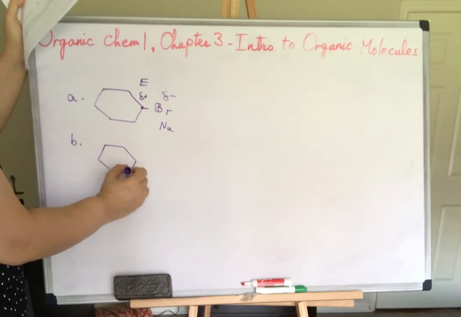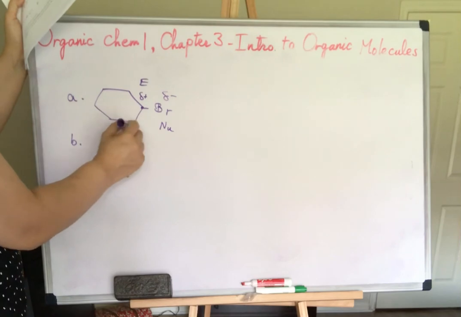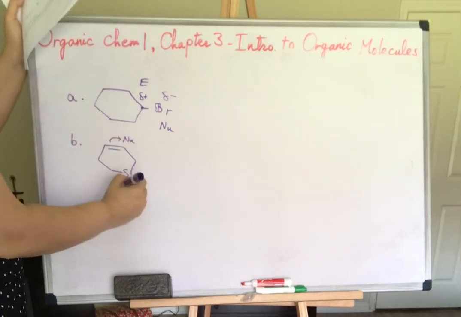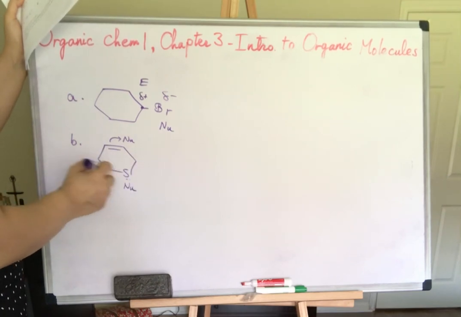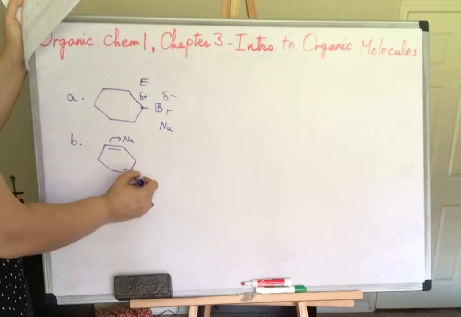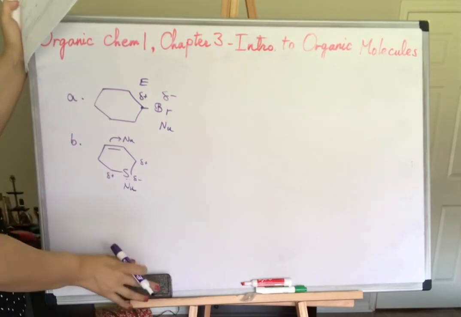We said wherever is full of electrons is nucleophile, so a double bond is always a good nucleophile. And again, sulfur has electrons, so it is a nucleophile, or you can say this is electronegative, partially negative, and makes carbons around it partially positive.